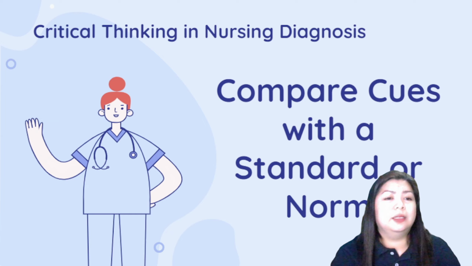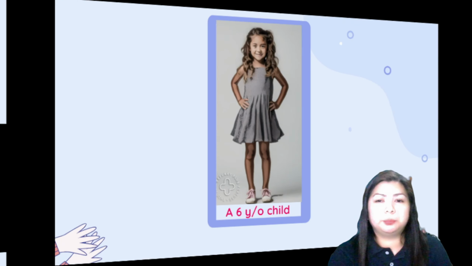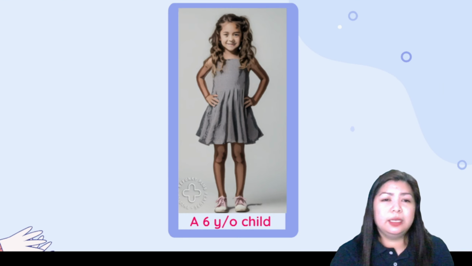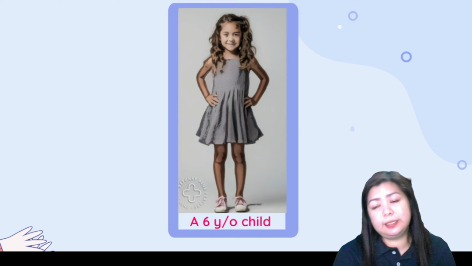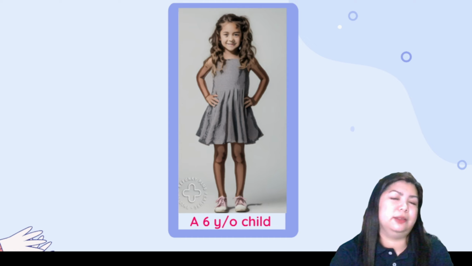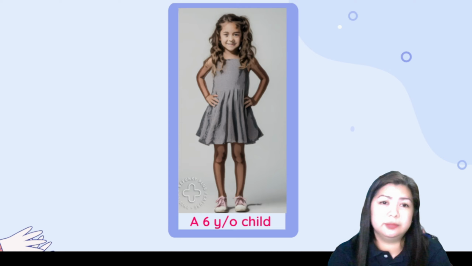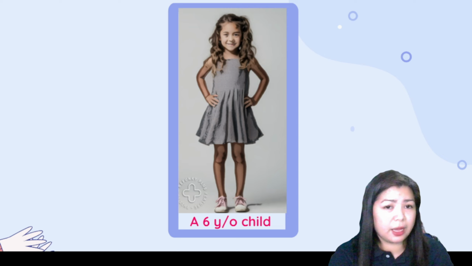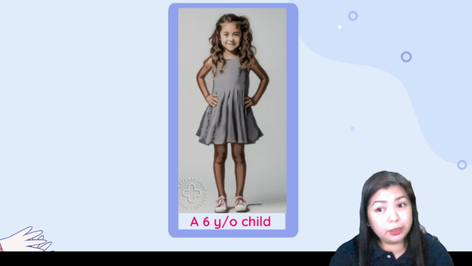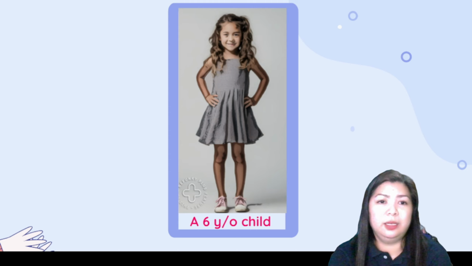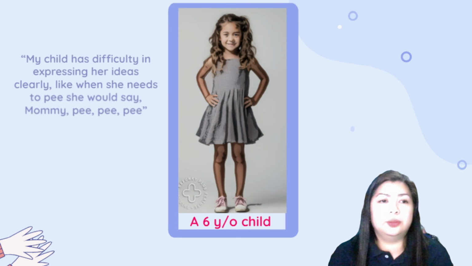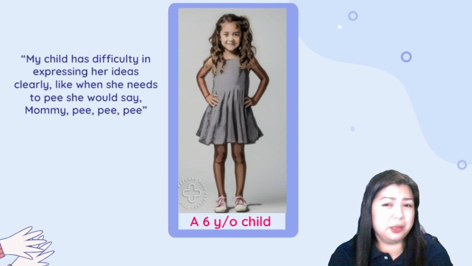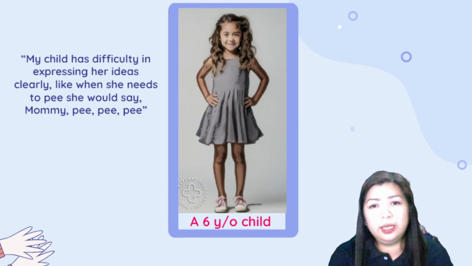Okay, now, to give an example, say we have a 6-year-old child. Let's name her Sarah. Okay, Sarah's mother comes to Dr. Juan's clinic and is describing Sarah based on her usual observation of her child. Okay, so the mother said, my child has difficulty in expressing her ideas clearly.